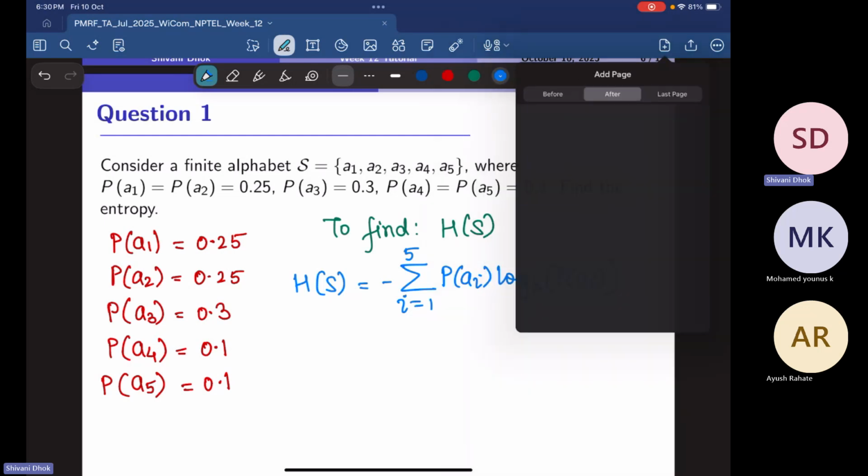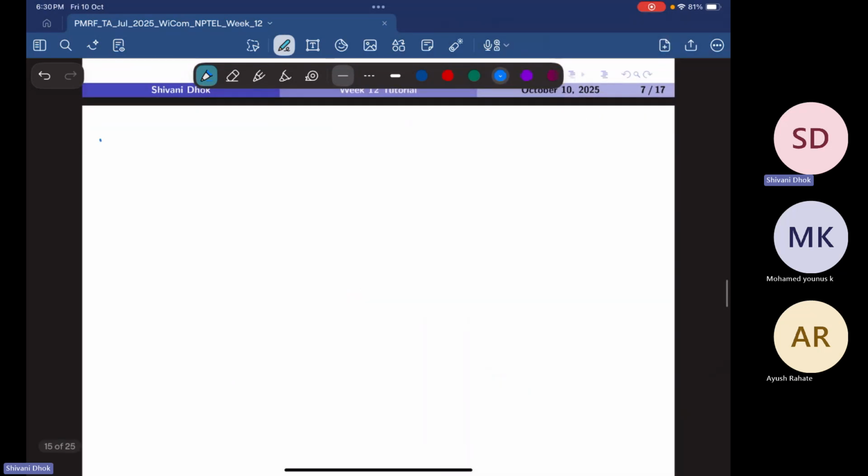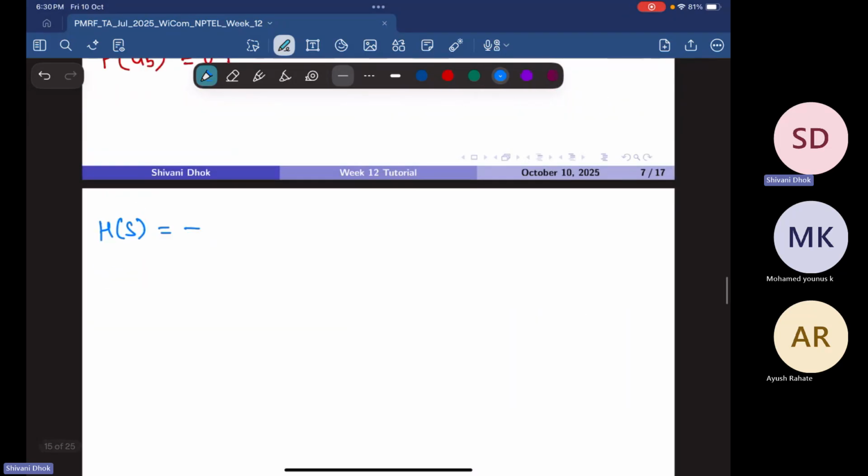Let me add a page. So H of S is, I'll just repeat the formula once, the summation from i equal to 1 to 5 with a negative sign, probability of Ai into log of probability of Ai to the base 2. This is given by a minus sign outside.